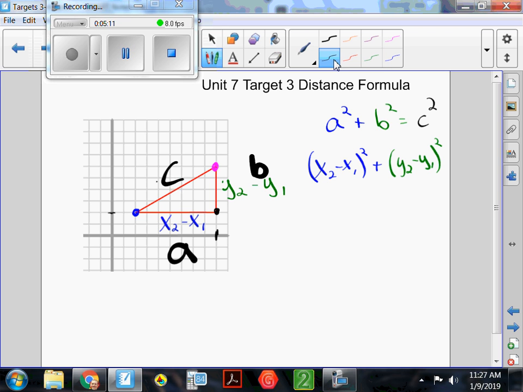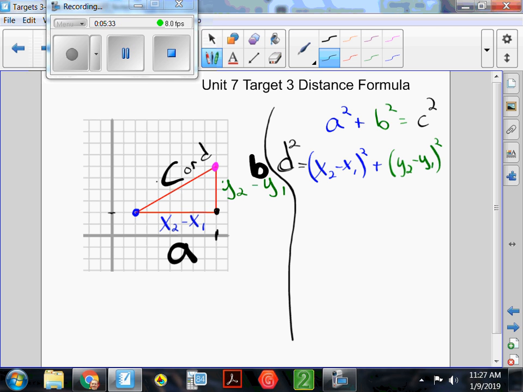Ran out of space there, so I'm going to say equals c squared. So a squared plus b squared equals c squared. Or if I wanted to say that this was the distance, I could call that a d for distance squared. So c from the Pythagorean theorem, or d for distance.